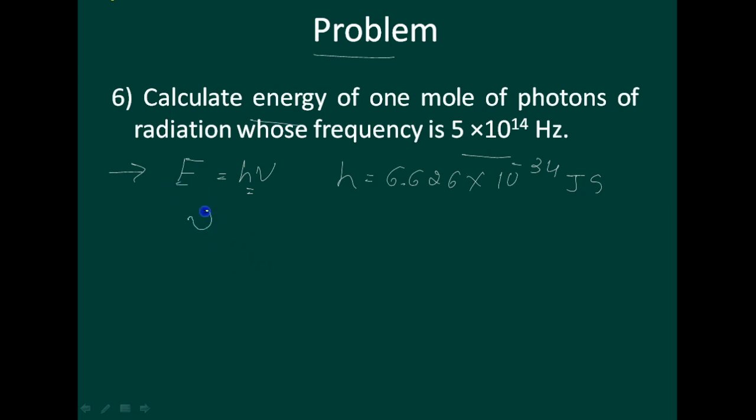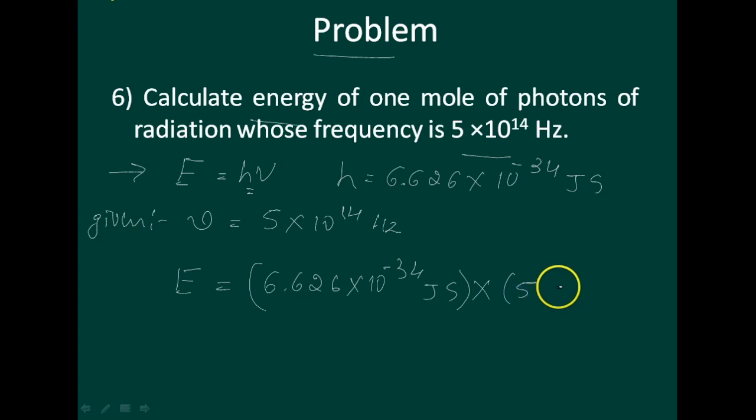Then they have given the value of v: v = 5 × 10^14 hertz. Substituting the h value 6.626 × 10^-34 joule second, multiplied with v, 5 × 10^14 per second, the units cancel. Finally, multiplying, the energy we get is 3.313 × 10^-19 joule. Okay, so this is the energy.